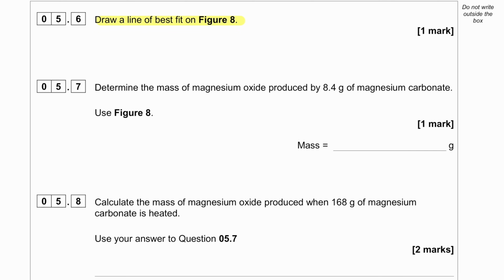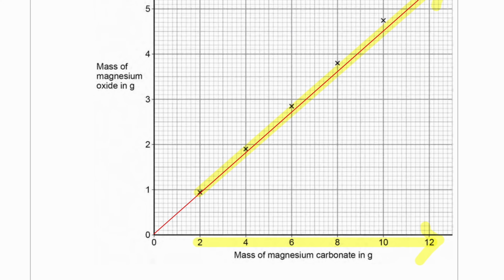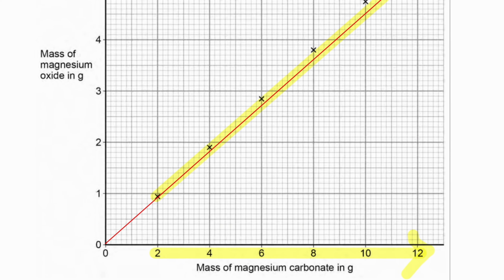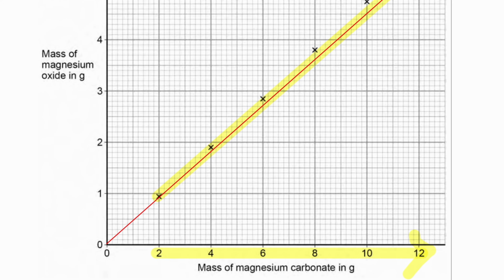Next question. Determine the mass of magnesium oxide produced by 8.4 grams of magnesium carbonate. In situations like this, guys, it's best to do extrapolation. Extrapolation is basically you find out that this is 9, so obviously this must be 8.4. So at 8.4 you are going to draw a straight line which is going to touch our other line.